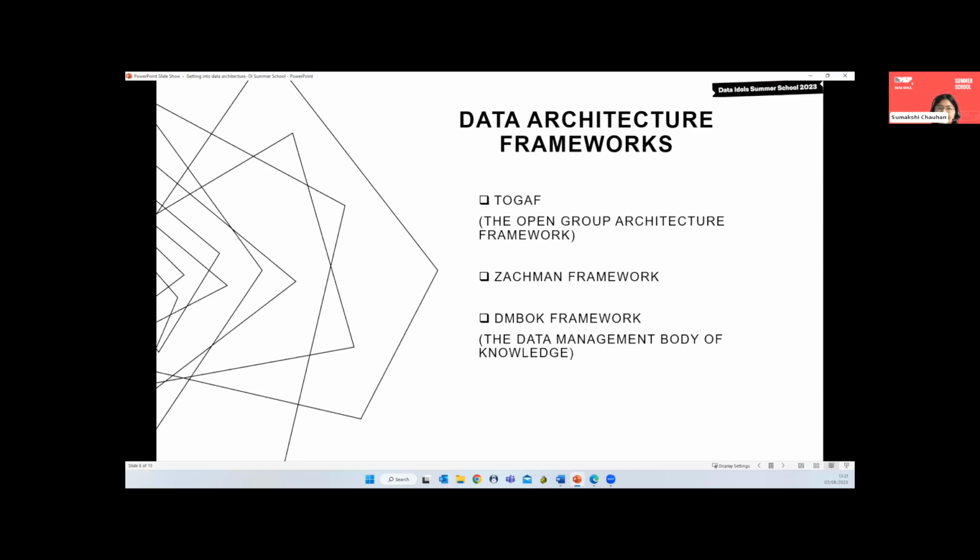It is all represented in the form of a matrix, where across each matrix we also mention the different stakeholders like planner, owner, designer, implementer, operator, and contractor. What this framework does is, every time I speak to a business stakeholder, I can easily understand and document what I get from that particular meeting.